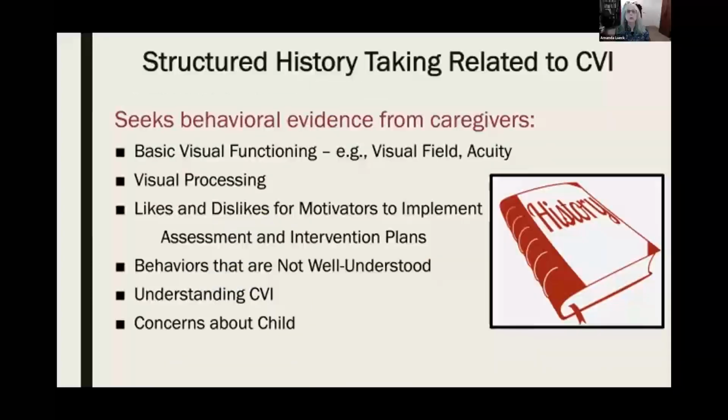So there are structured history taking tools that seek behavioral evidence from caregivers of basic visual functioning, such as visual field and acuity, visual processing, likes and dislikes for motivators to implement assessment and intervention plans, behaviors that are not well understood, and understanding CVI and concerns about the child.